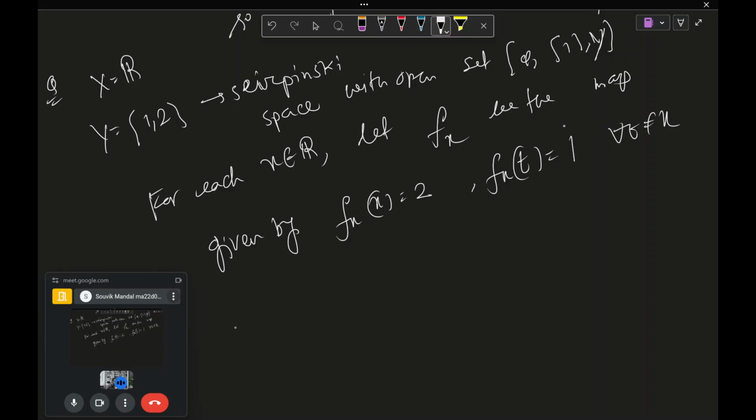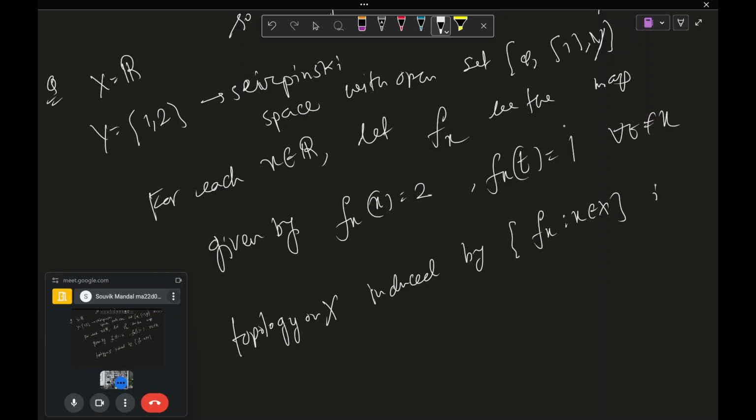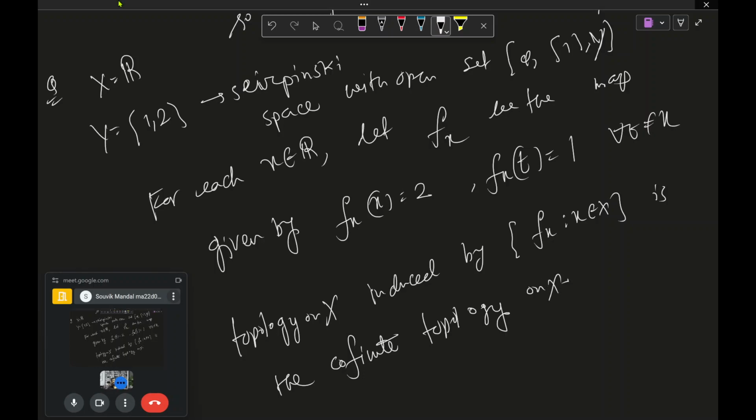So now the question is whether the topology on X induced by this family f_x is the cofinite topology. Okay.